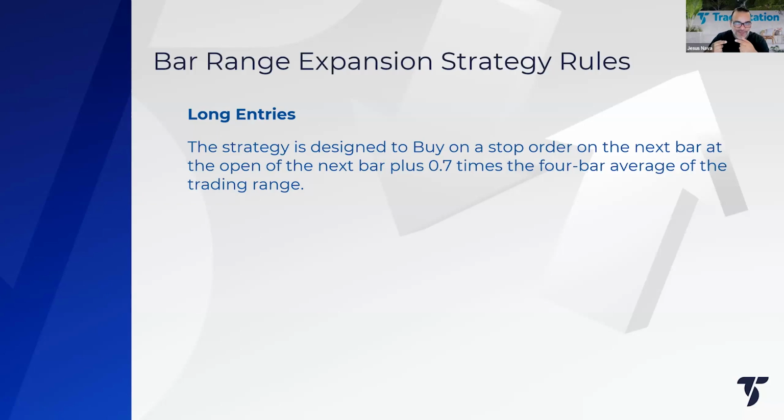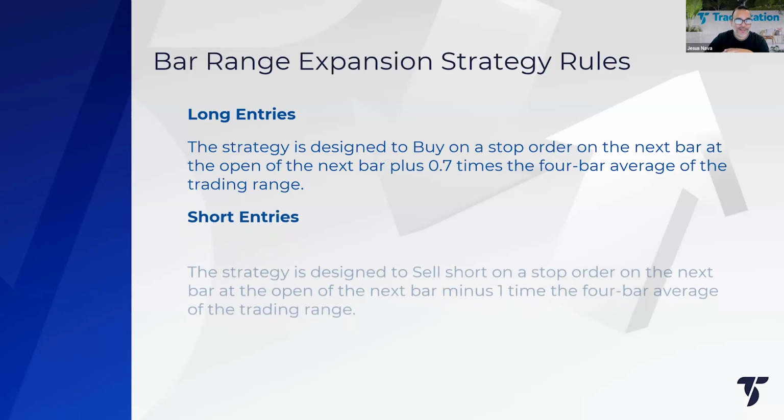In text, it sounds confusing. That's why we went over to the TradeStation platform and we explained what all these elements represent: the range, how many bars, the factor. So I believe that we're all clear on the long entry rule.